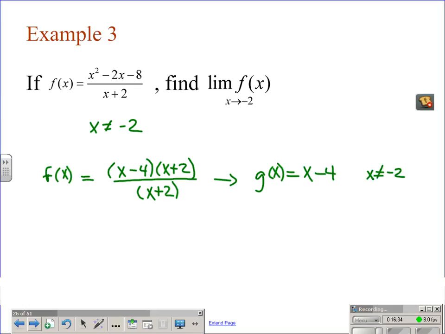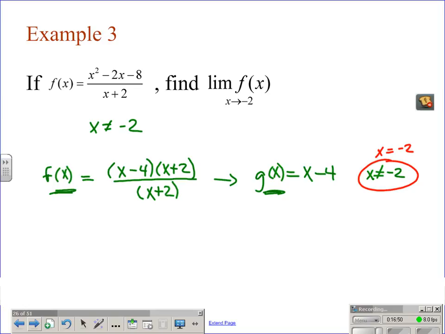So the behavior of g of x and f of x are going to be exactly the same except where x is equal to negative 2, because that is not in the domain of f of x.